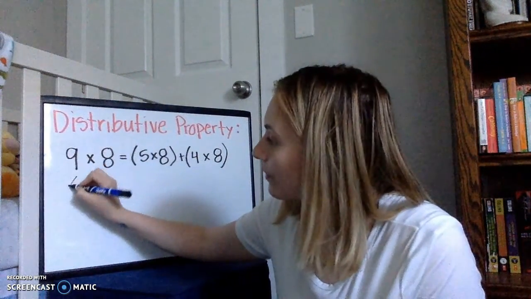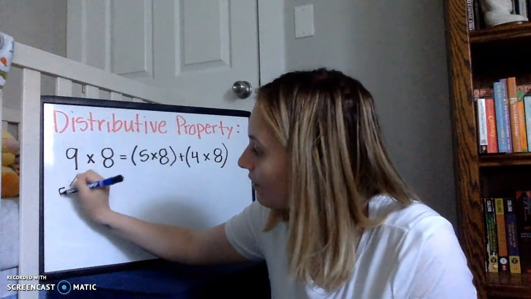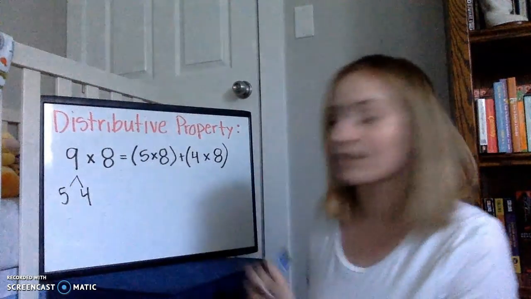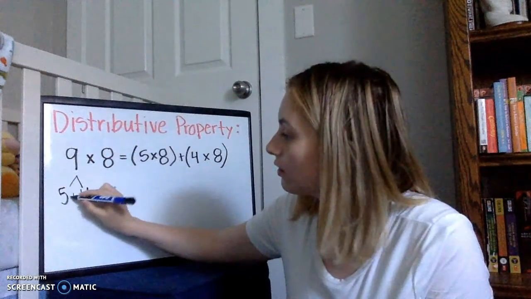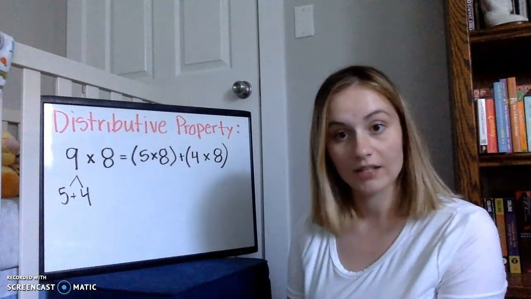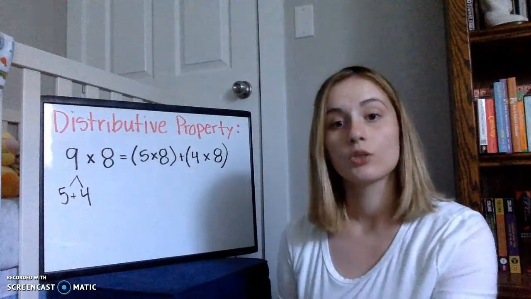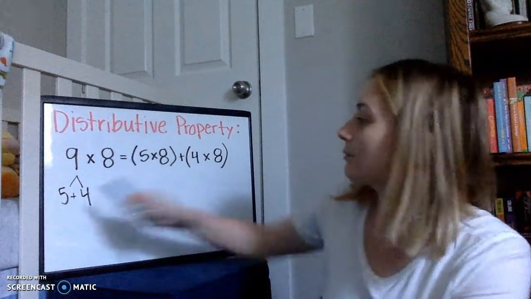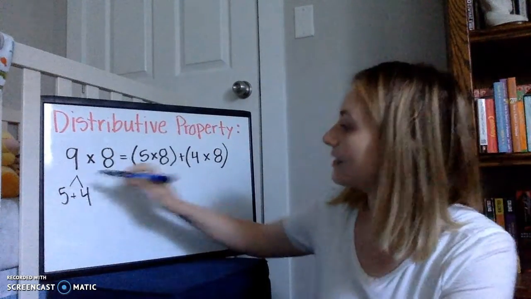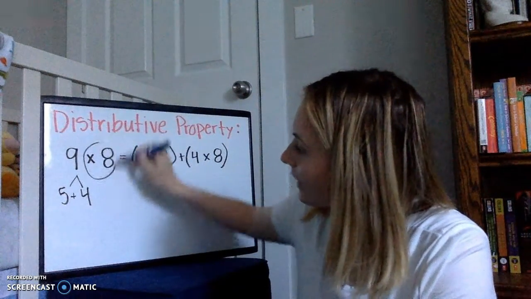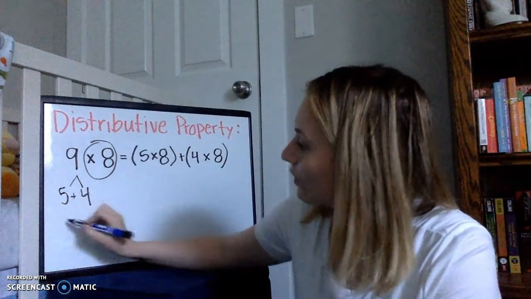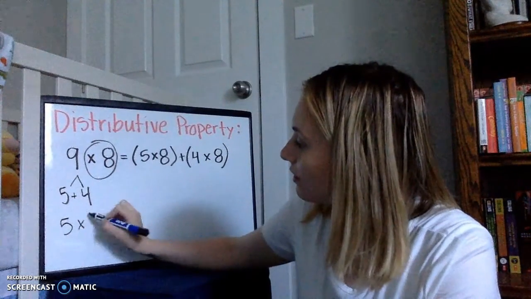So I'm going to break down 9 into 5 and 4 because 5 plus 4 is 9, right? Perfect. So now what I'm going to do is put that 5 times 8 because I've still got to use the multiplication in 8. So I'm going to use both of these numbers, 5 times 8.